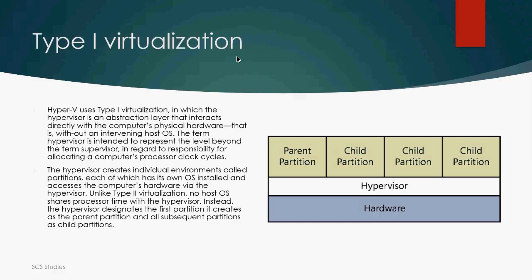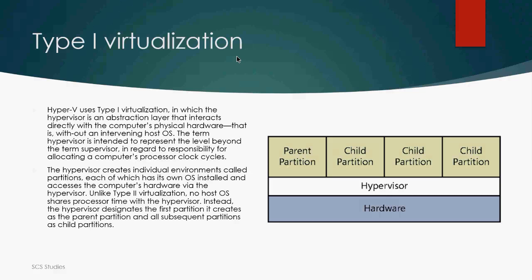This is basically called type 2 virtualization, because type 2 virtualization always depends on the host operating system. The host operating system will share the CPU clocks with the type 2 virtualization system, so it will impact the performance. But it is okay for a lab environment, while you are doing any testing.